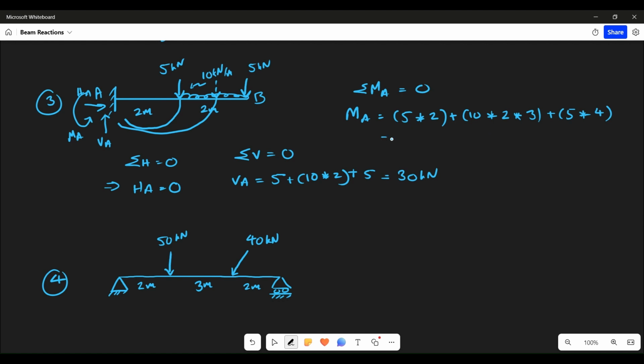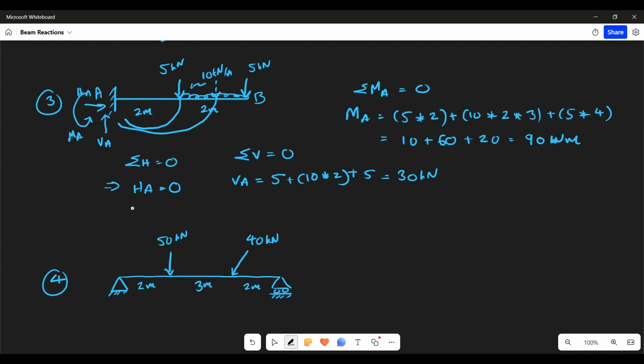This will be MA. So MA will be this 10 plus 60 plus 20, that is 90 kilonewton into meter. The unit of moment is kilonewton into meter.